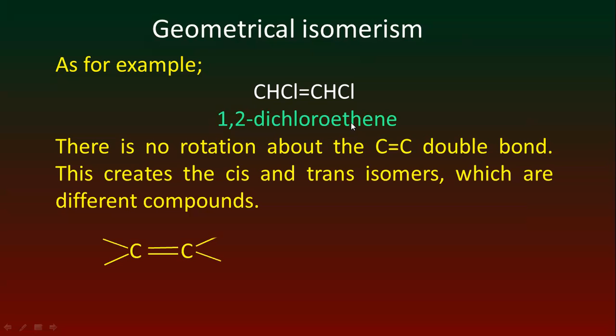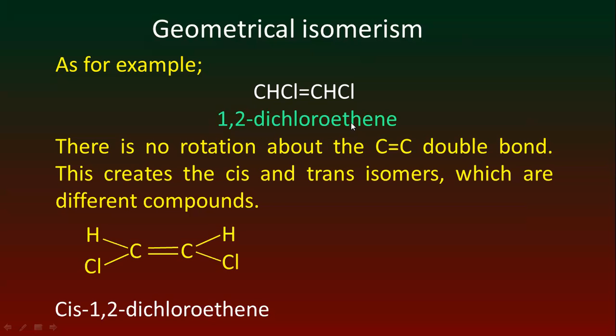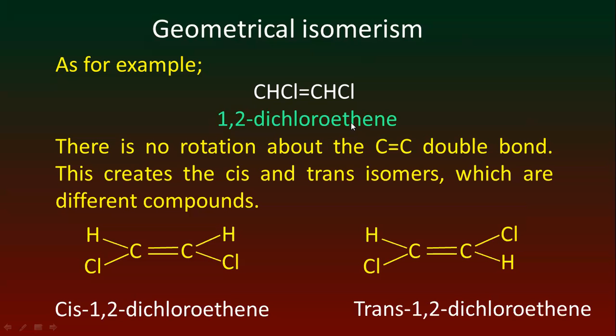Here we can prepare the first one, and this is called cis 1,2-dichloroethene, and this is another structure of 1,2-dichloroethene. This structure is called trans 1,2-dichloroethene.